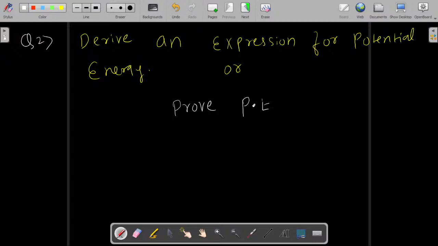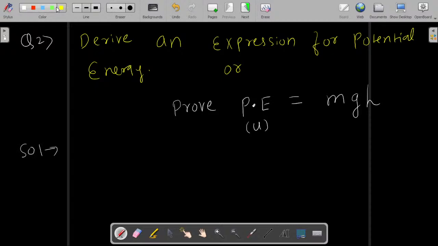P is the potential energy, or you can write U symbol also. U represents potential energy. Prove potential energy is equal to m into g into h. You have to prove. This is the question.